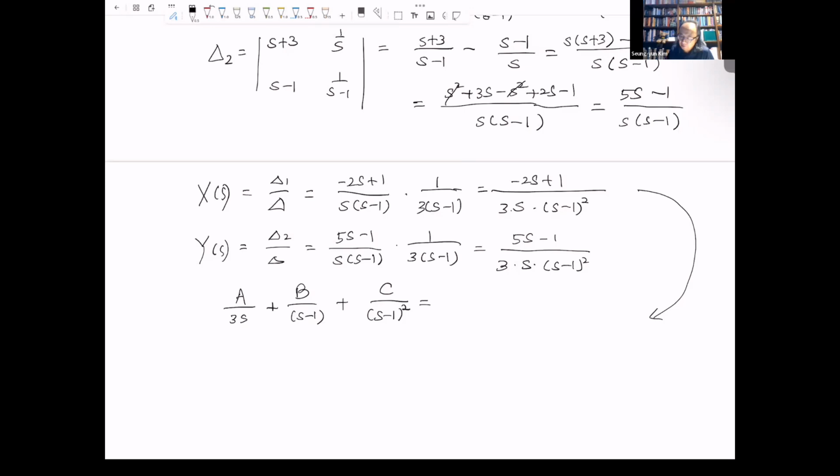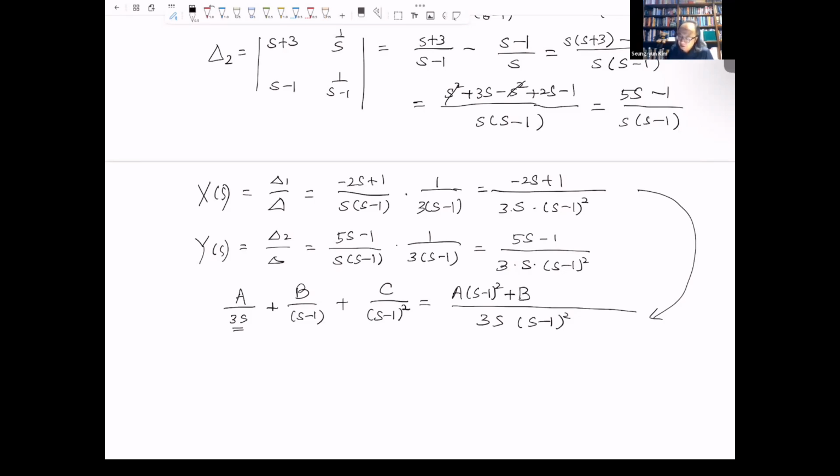That equals, when we multiply A times something, B times something, C times something, you have to follow this. Now A times, I have 3s. The common denominator we're going to have is this. A has a 3s, what's missing? (s minus 1) squared.